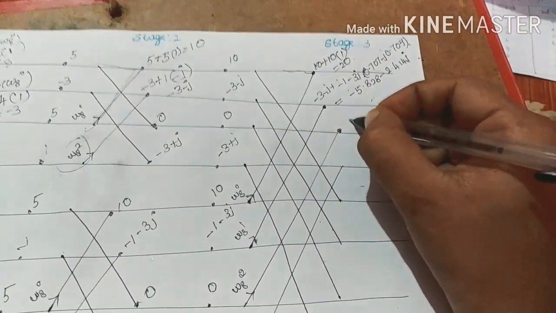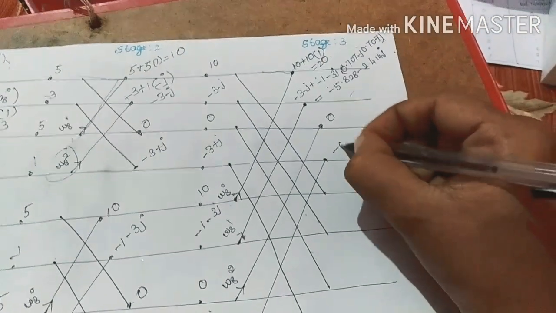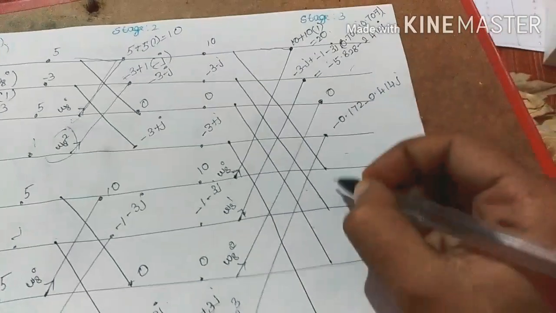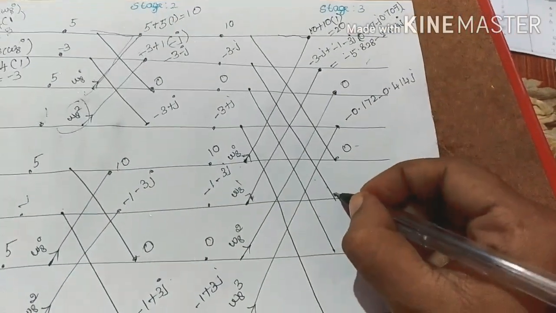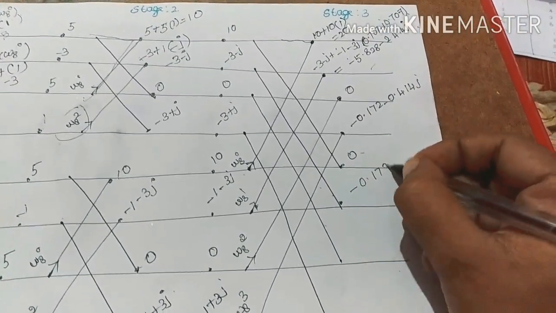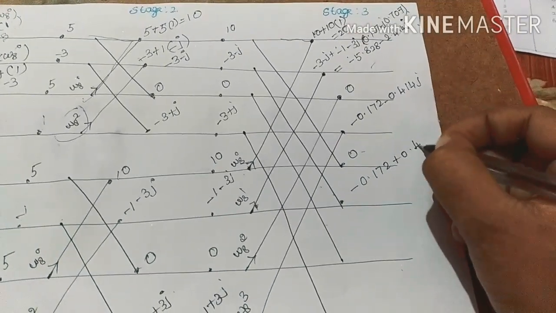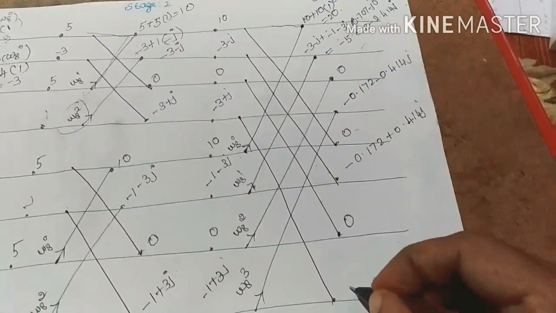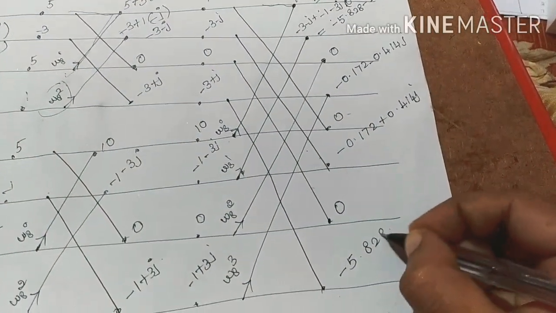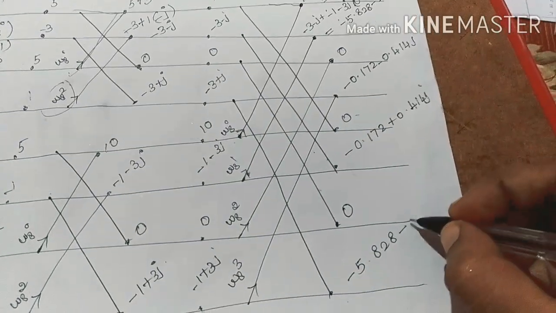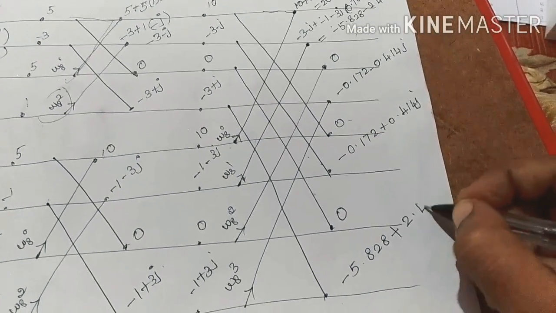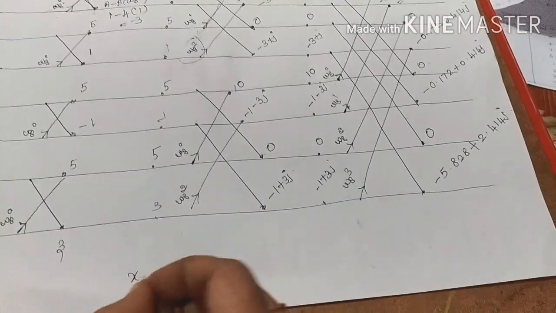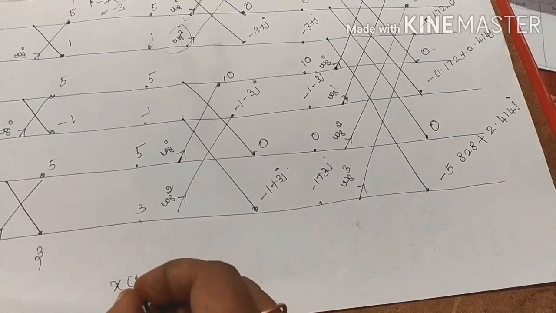I write the answers only. 0.172 minus 0.414 J, 0, minus 0.172 plus 0.414 J, 0, minus 5.828 plus 2.414 J.